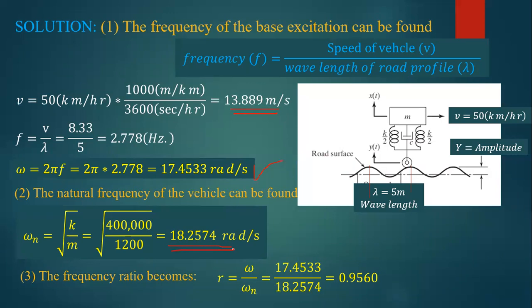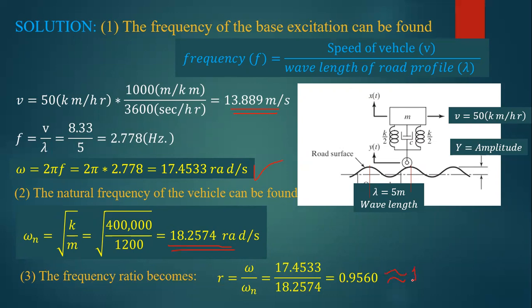So the designer must consider those things. If both frequencies are near each other, the condition of resonance will occur. Even the frequency ratio omega over omega n is equal to 0.956, which is almost 1.